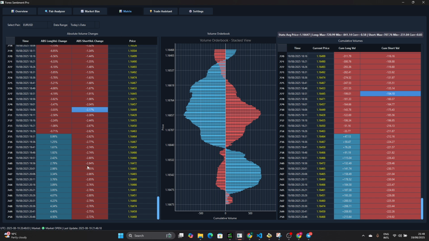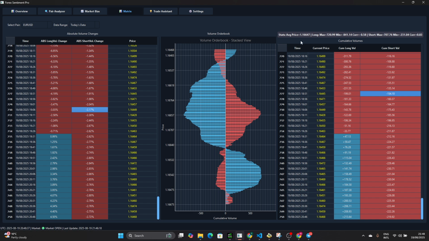I believe the tab is clear: on the left side you have absolute volume change, which is the actual volume change for the selected pair on that specific day. On the right side, the cumulative volumes show how much volume has accumulated since the market opening of the day.